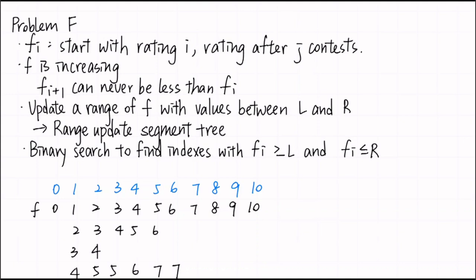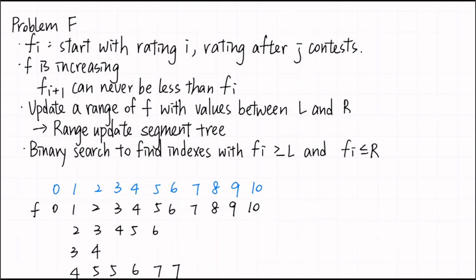So we notice that f is always increasing, so f[i+1] can never be less than f[i], because initially they all start in increasing order, and if one value adds 1 to become the other value, then they would move together. So for example, in this case below, when we add 1 to all of the values in the range 1 to 5, we will get 2, 3, 4, 5, 6.